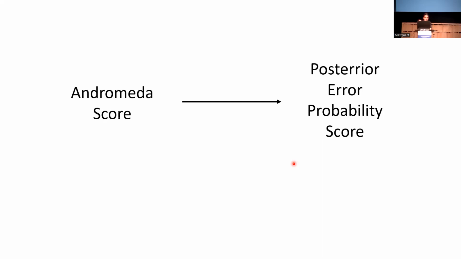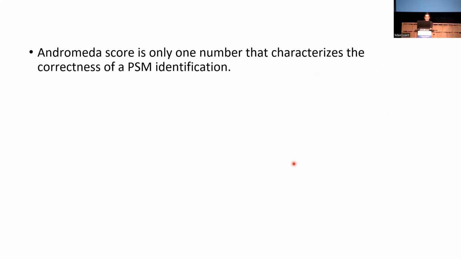Why are we doing that? Andromeda is a great way to tell us if a PSM is actually a good identification or not, but it's not enough. We have a lot of other features that can help show us if we should be confident about an identification or not.